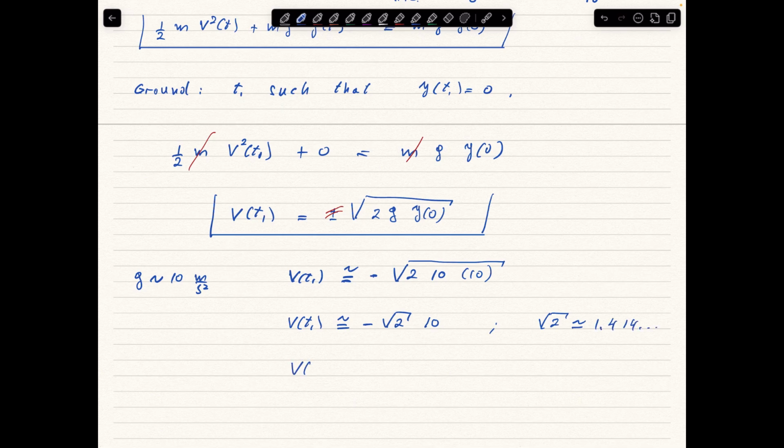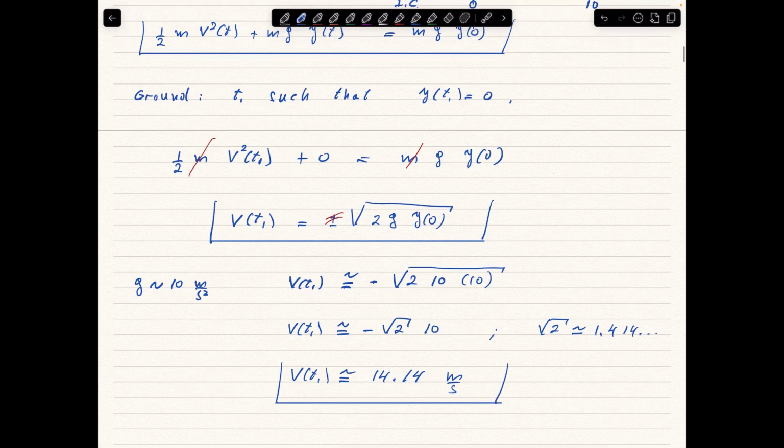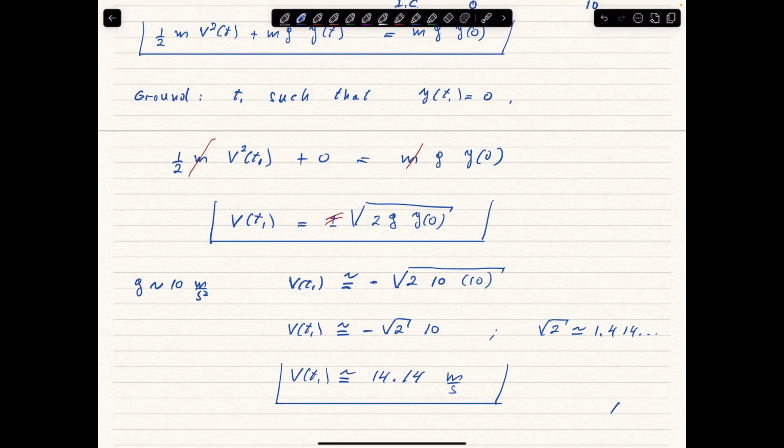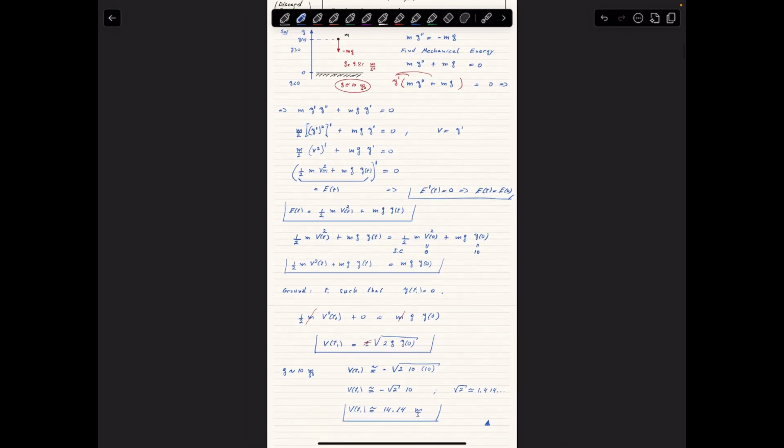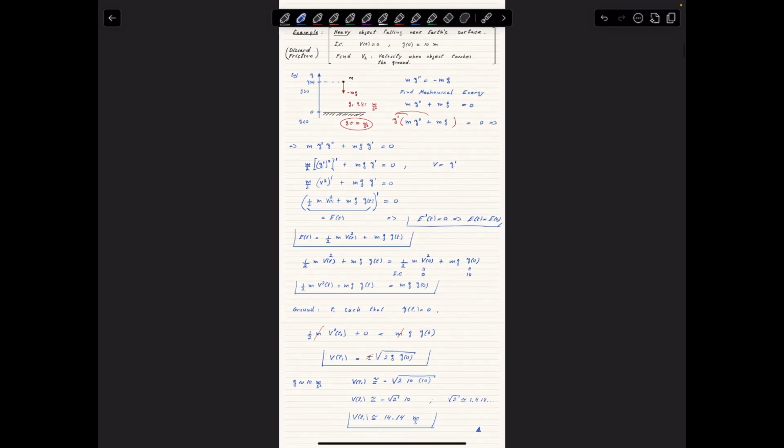So v of T1 is approximately 14.14 meters over second. So that is how we can get the velocity at the ground by using the conservation of the energy in this system where we have a particle falling near the surface of the Earth.